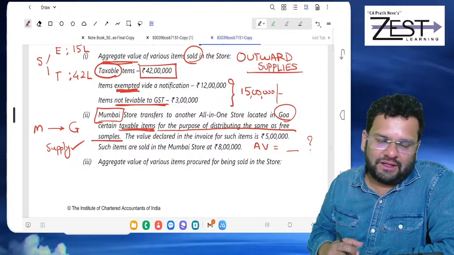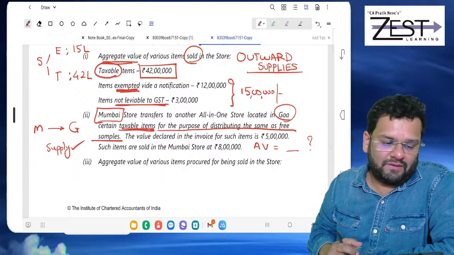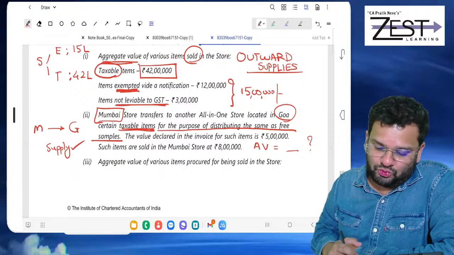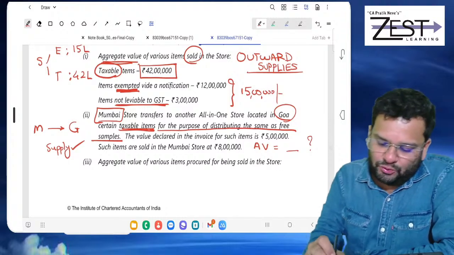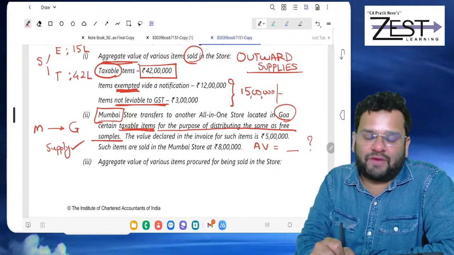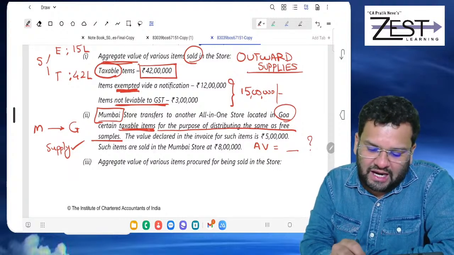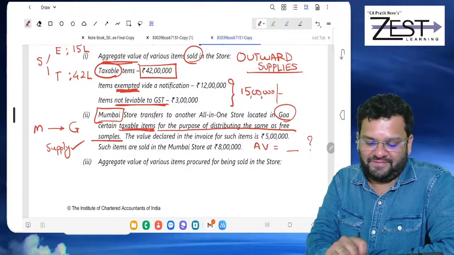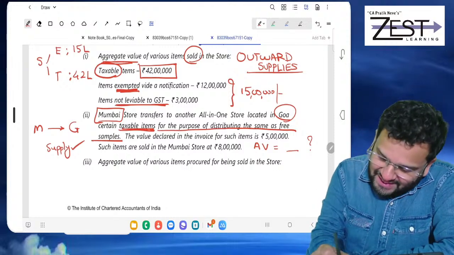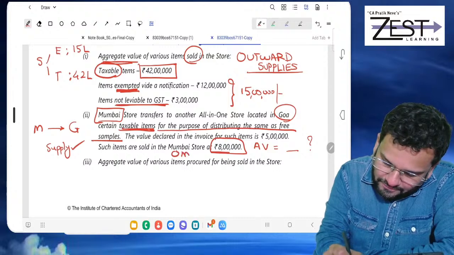When you apply 28, you know that assessable value is open market value. What is open market value in this case? Now the value declared in the invoice in such items is 5 lakhs. Such items are sold in Mumbai store at 8 lakhs. Can I say 8 lakh is the open market value?